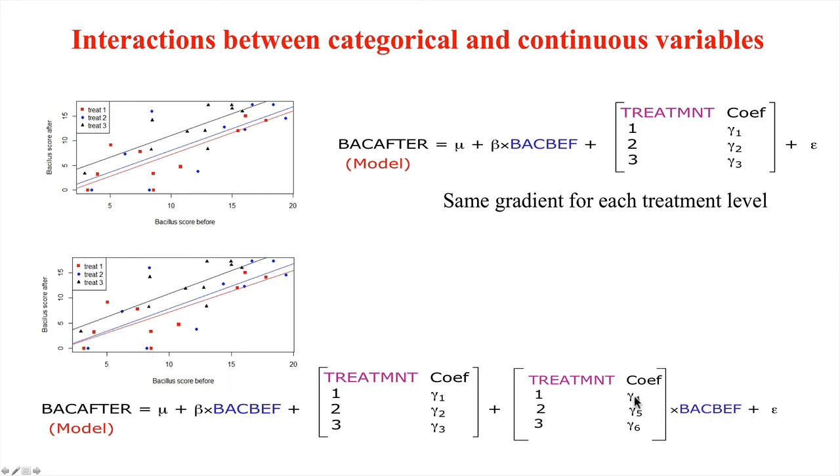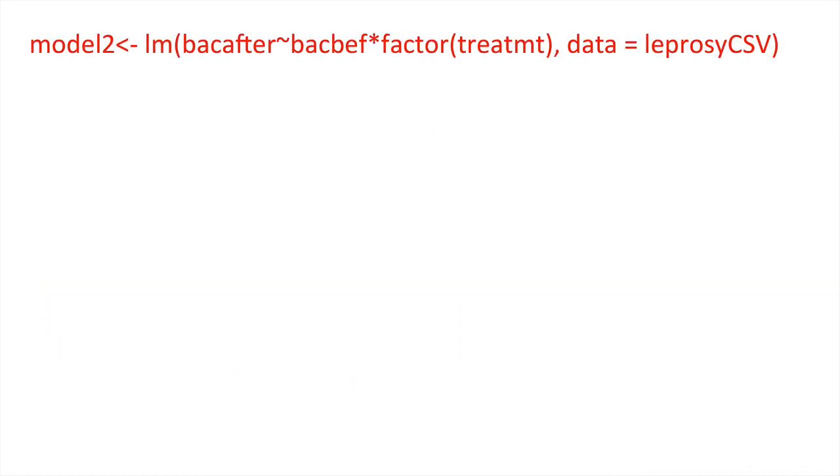So, for example, we've got gamma 4 for treatment 1 times back before, when added to the beta coefficient would change the overall gradient just for that individual treatment, and so on. So we can easily specify a model on which there's a different gradient for each treatment level by inserting an interaction. How would we do that in R?